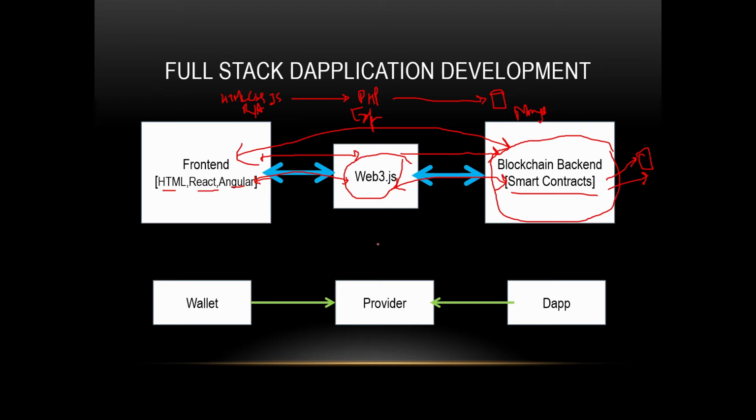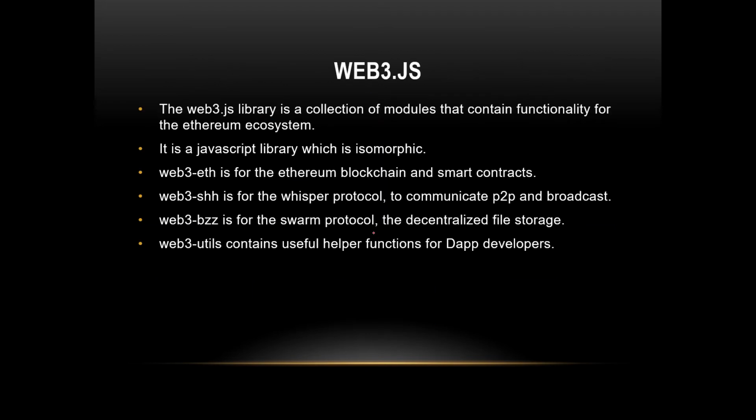And let's see what Web3.js is. Web3.js is basically a library which, when included into an application, lets you use the Web3 object provided by the Web3.js library and all its objects.